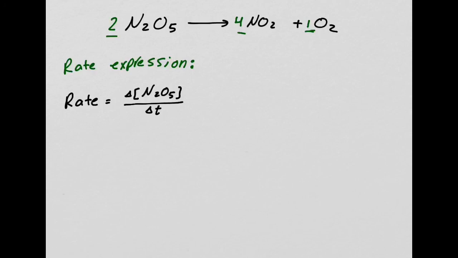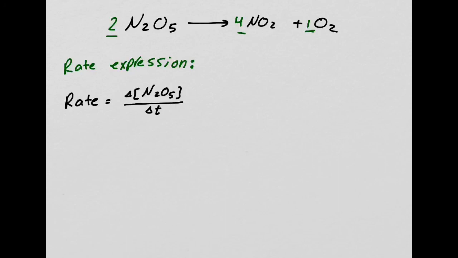Okay. Now, I'm not done. I'm writing the rate for the reactant disappearing. What do I need to put over here? I can almost hear you. I need to put a minus over there. But also, the mole ratios matter.